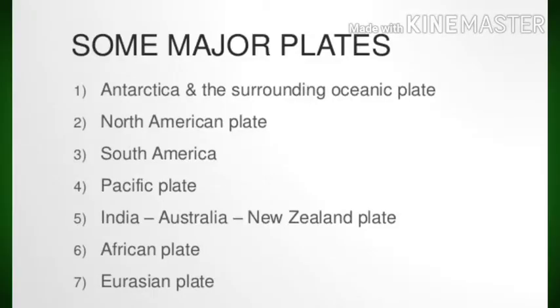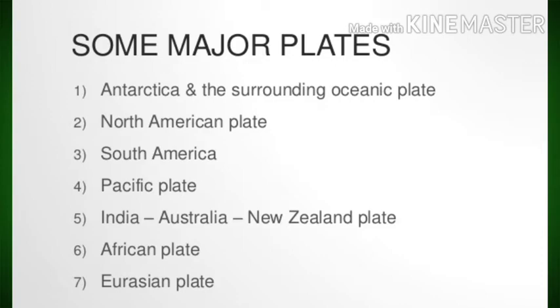Here, as you can see in this given picture, the major plates of the world are: number 1, South American plate; number 2, Antarctica and the surrounding oceanic plate; number 3, North American plate; number 4, India, Australia, New Zealand plate; number 5, Pacific plate; number 6, Eurasia and the adjacent oceanic plate; and number 7 is Africa with the Eastern Atlantic floor plate.